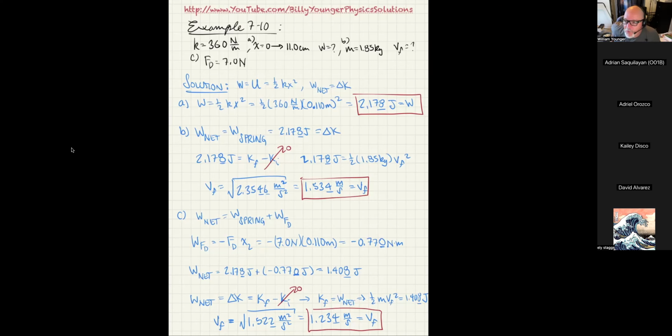Okay, so m times g times h, as long as we're not super far from the surface of the earth. So if the distance from the surface of the earth to an object is on the order of the size of the radius of the earth, then you have to use some other version of potential energy. But the one I just said, U equals mgh, is acceptable if it's not a large fraction of the radius of the earth away from the surface of the earth.